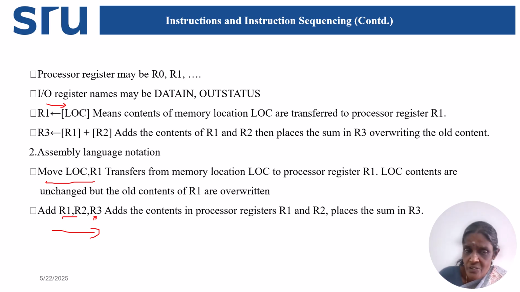In some cases, normally in our microprocessor or microcontroller, we will see R2 content and R3 content added and the result stored in R1. Both are correct, but the operation is based on the architecture only. So here the result is stored in R3.